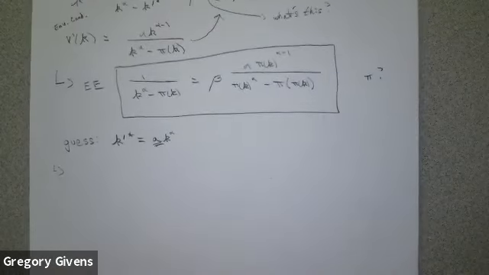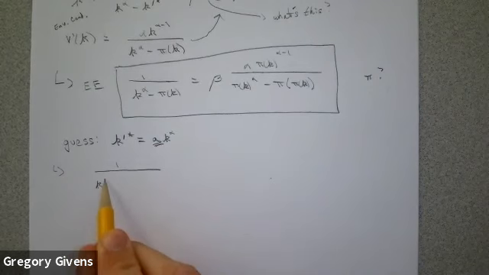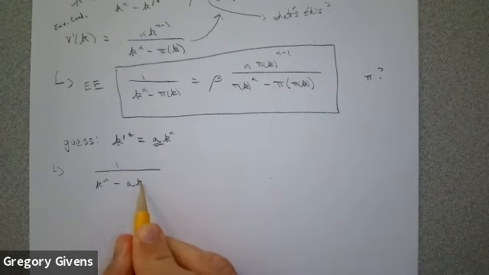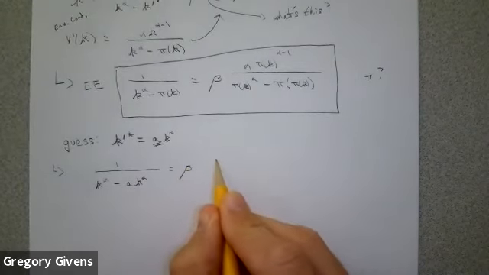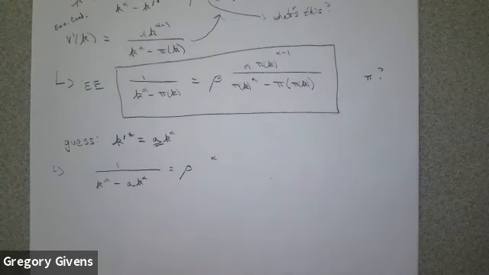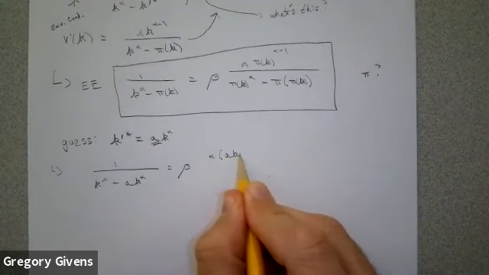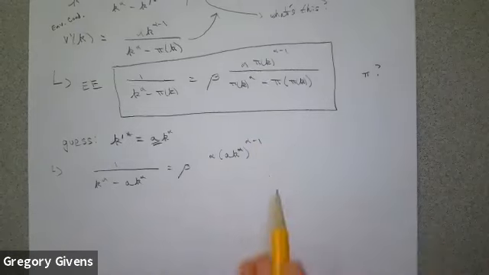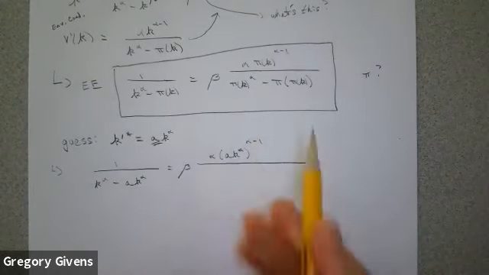Again, let's be careful about this. The left-hand side of the Euler equation becomes 1 divided by k to the alpha minus pi of k, that's a k to the alpha. The right-hand side is beta times alpha pi of k to the alpha minus 1. Well, that's going to be a k to the alpha quantity to the alpha minus 1, over pi of k to the alpha.